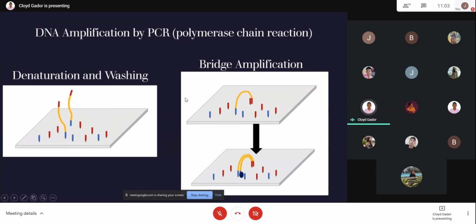So as you can see here, after the DNA amplification, katong strand na wala ni attach sa flow cells oligonucleotides kay na washed away after undergoing denaturation.